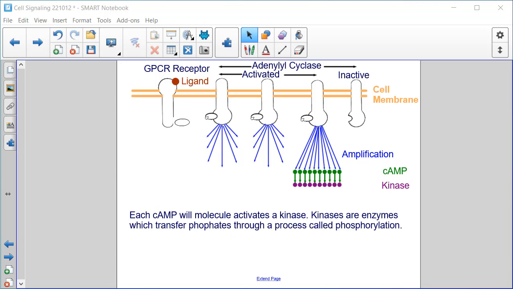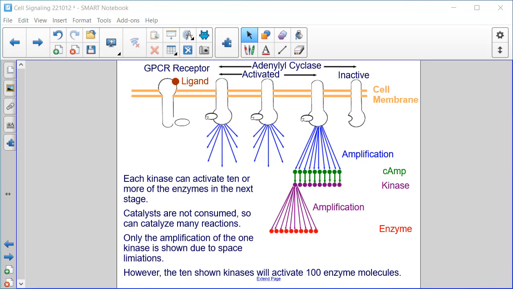Each cAMP molecule activates a kinase. Kinases are enzymes which transfer phosphates through a process called phosphorylation. You can see the activation of the kinase in purple.